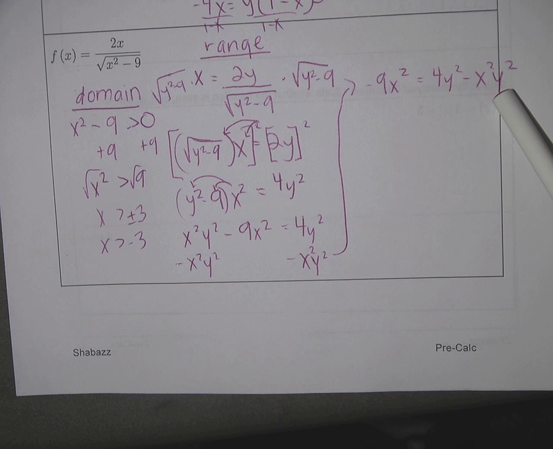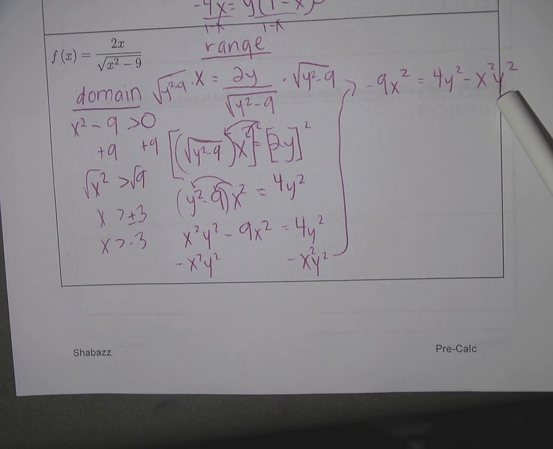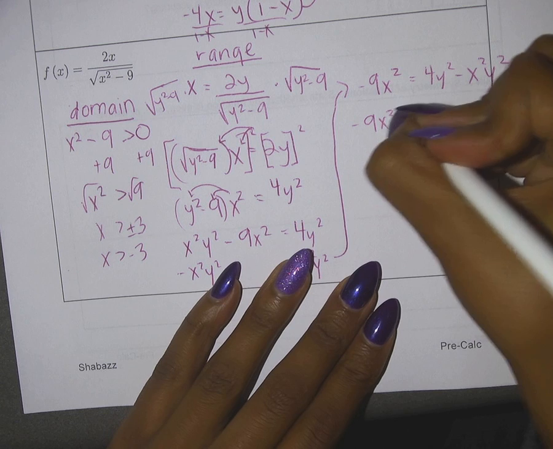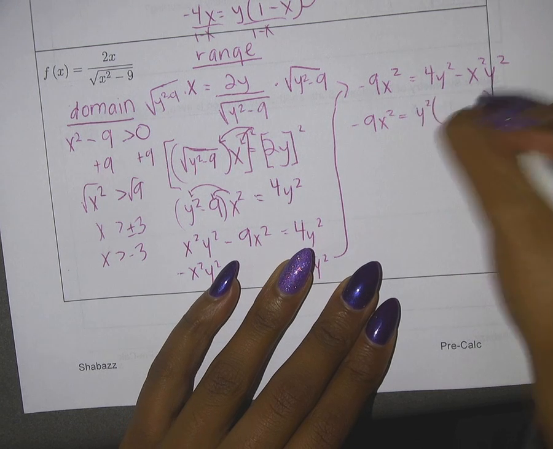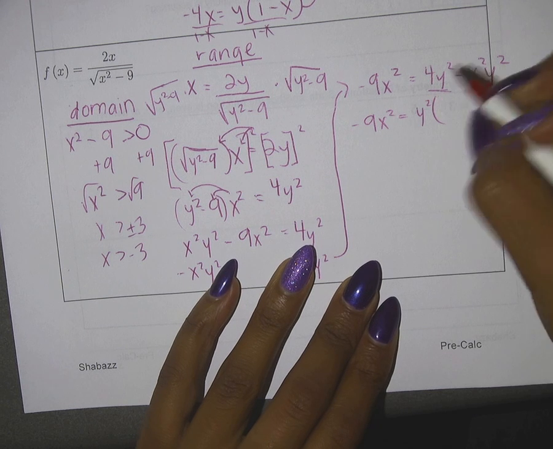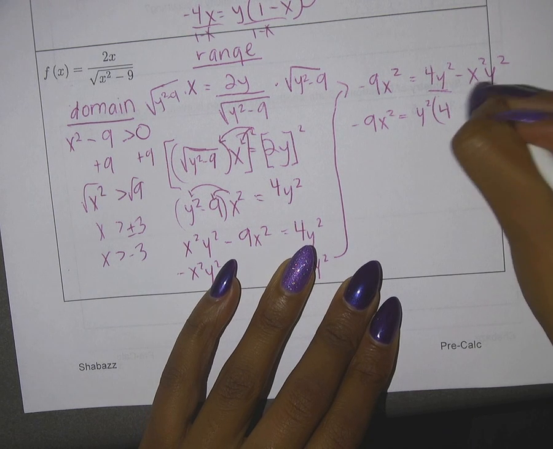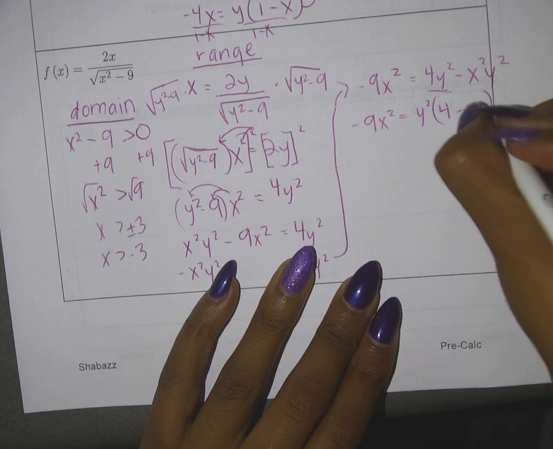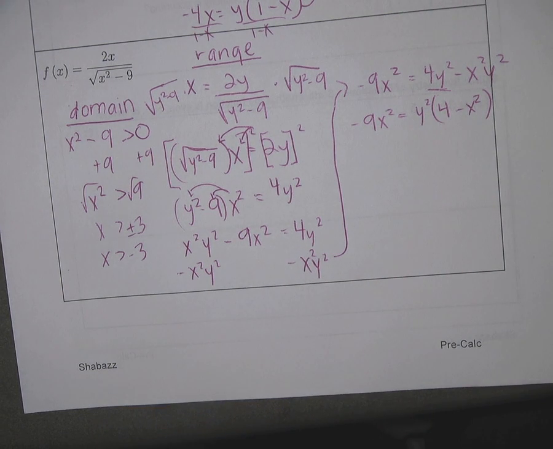Factor. Yeah, I want to factor. Pull out a y squared. If I pull out a y squared here, what term will be left? 4. Very good. And here? Negative x squared. Very good.